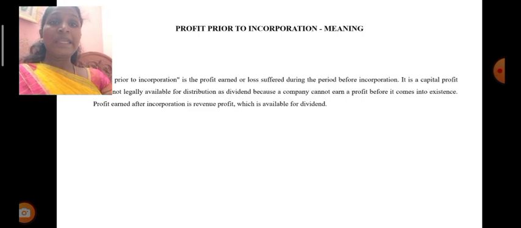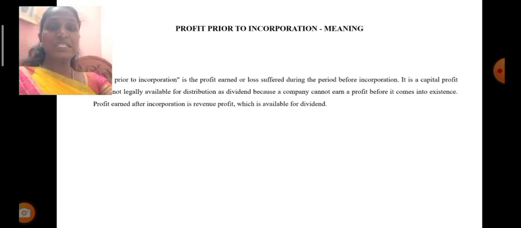Thus, any profit or loss made before incorporation is known as profit prior to incorporation, which is treated as a capital profit, and the same cannot be distributed as business profit.